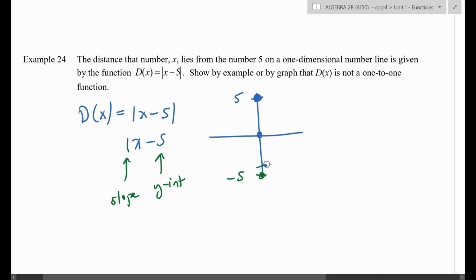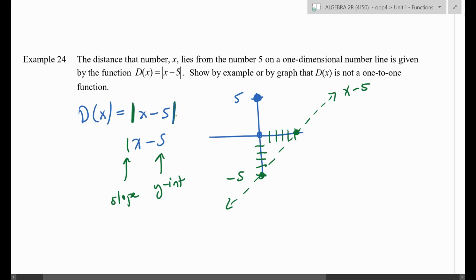So I rise 1, I go to the right one, and I rise 1, I go to the right one, and I wind up here. Does everybody agree that this would be the line x minus 5?